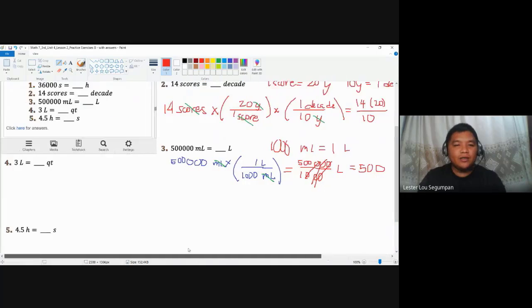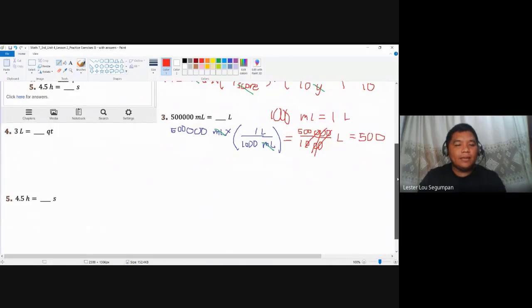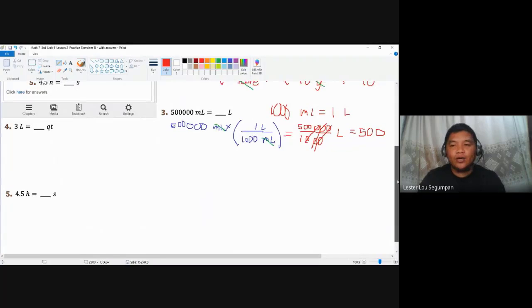Number 4 rather. We have liters to QT, which is actually quarts. Quarts is a unit of measurement for capacity under the English system of measurement. To do that, we need to come up with the relationships from the conversion of liters to a unit that will be connected to quarts. But we don't have the direct relationship as of the moment.